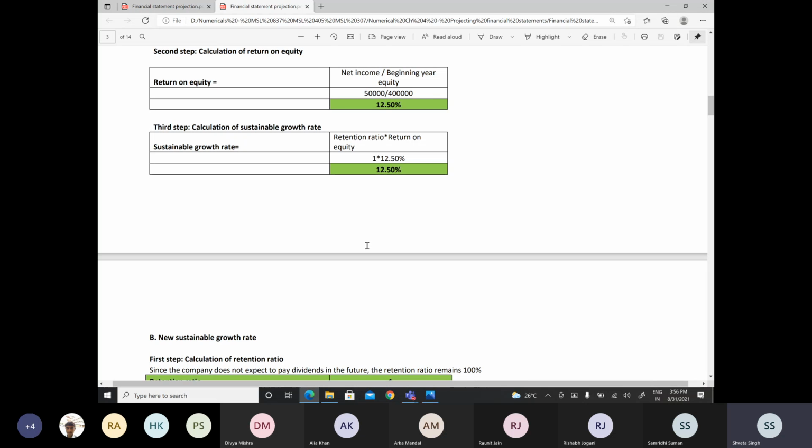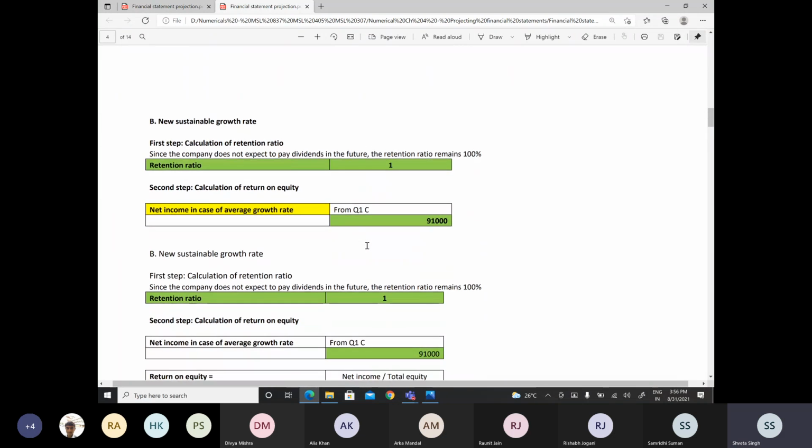So this is how we calculate sustainable growth rate based on the retention ratio as well as the return on equity. So if you have this data given, then this is how you will calculate the sustainable growth rate.